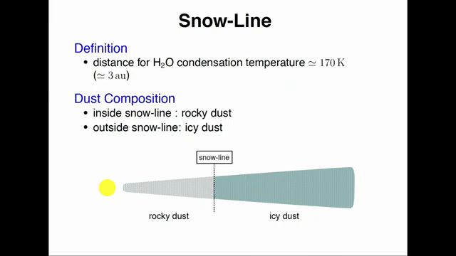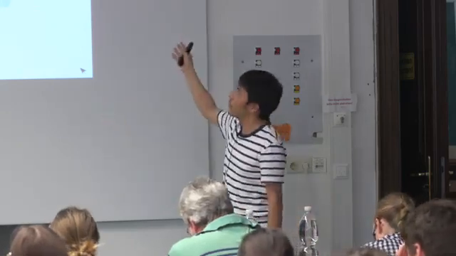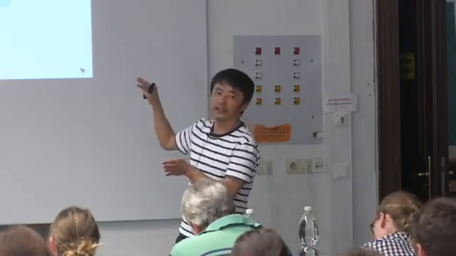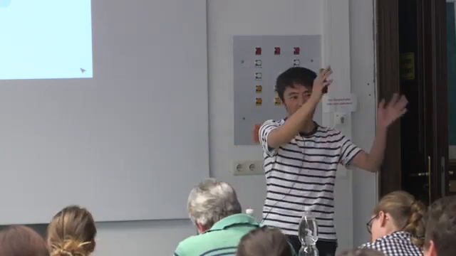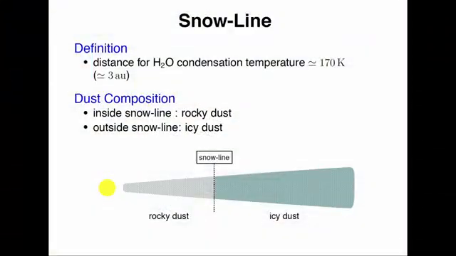The definition of the snow line, for the H2O snow line, is the distance from the central star to the point where the disk temperature is about 170 K, which is the H2O condensation temperature under very low pressure, like in protoplanetary disks. And if the disk is optically thin, I mean here the main heat source of the disk is the central star, so in that case, the snow line is around 3 AU.